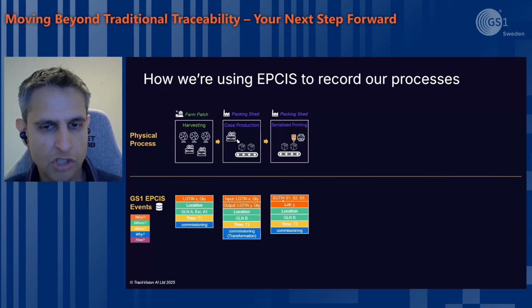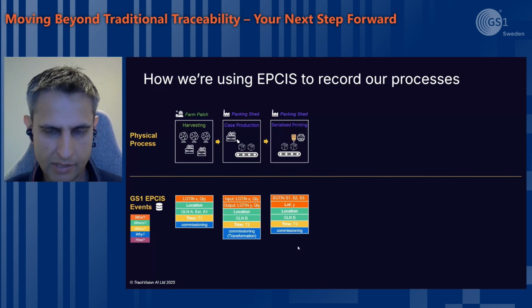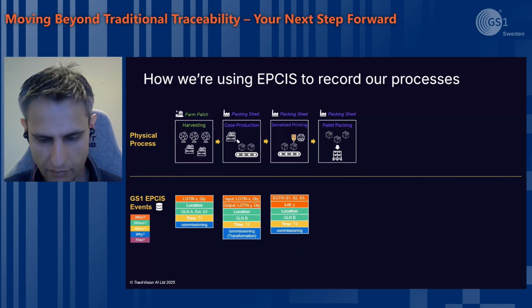It'll have the serialized GTIN as the primary what identifier. It'll have a reference to the lot number that it was produced in context of, and it'll again have the location where it was produced, the time when it was labeled, and the reason is we're commissioning that serialized identifier.